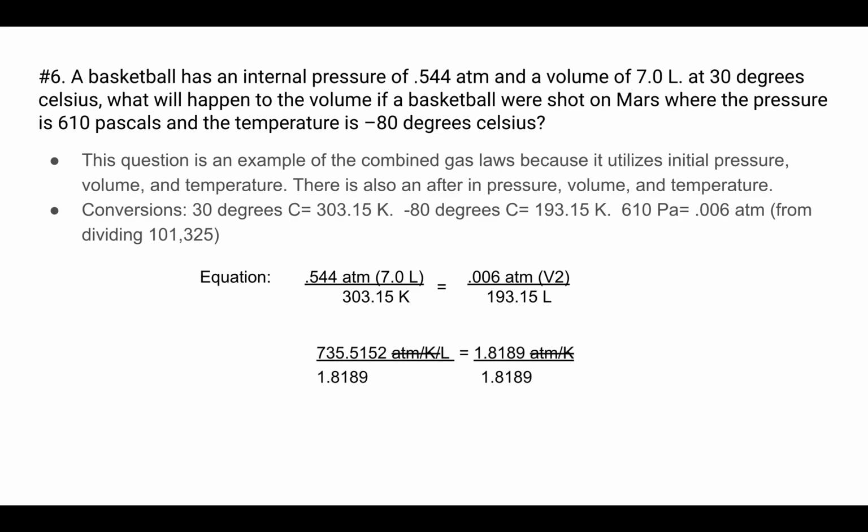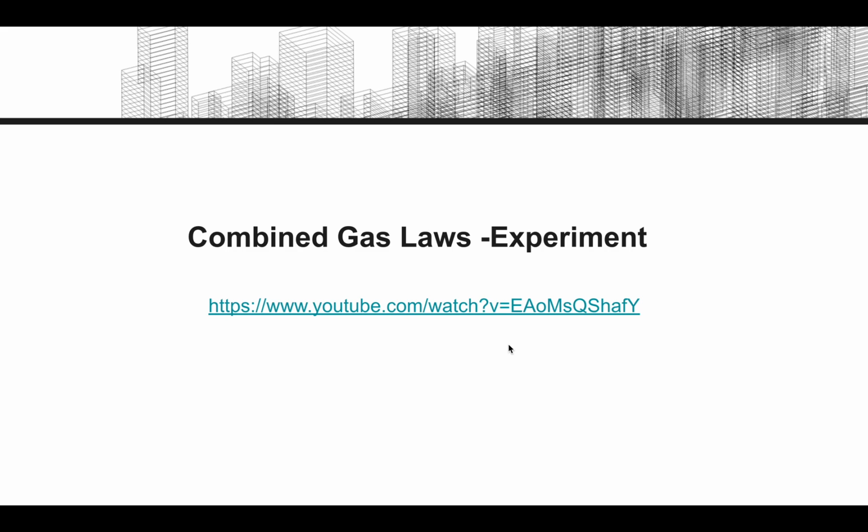And this is what you get after cross multiplying. You divide by 1.82 so you can get the liters, which is the volume. So the second volume would be 404.26 liters.